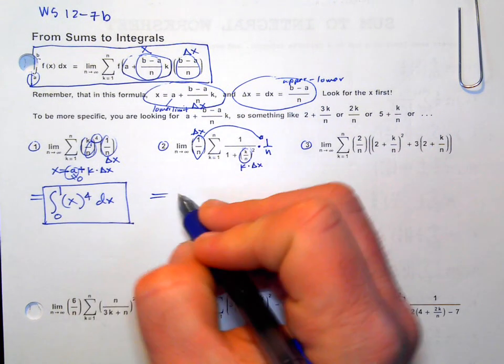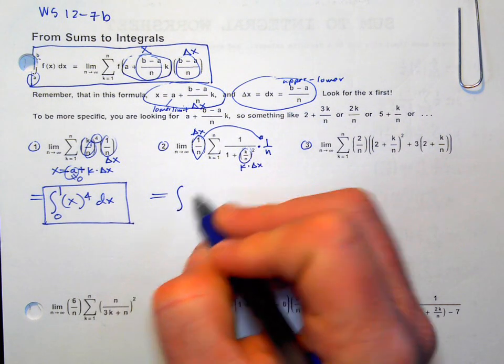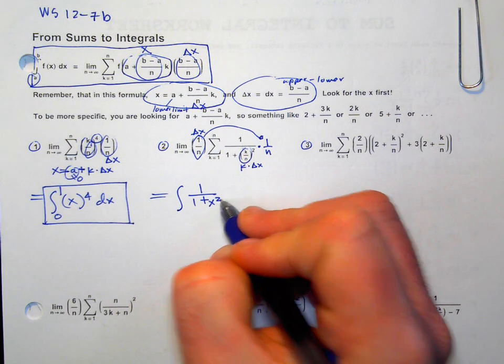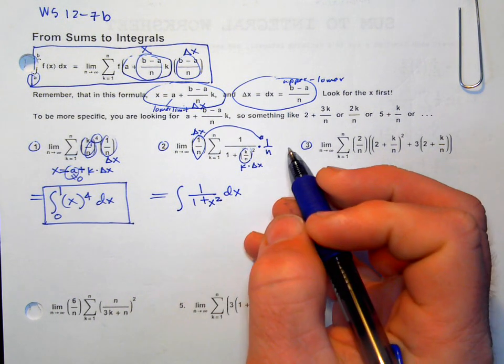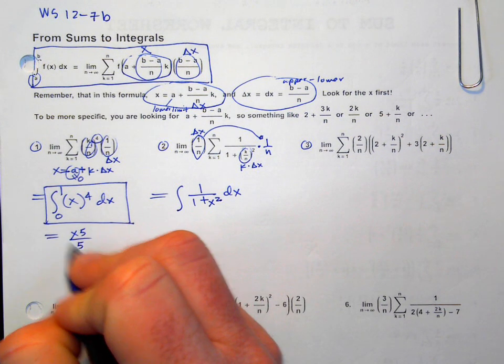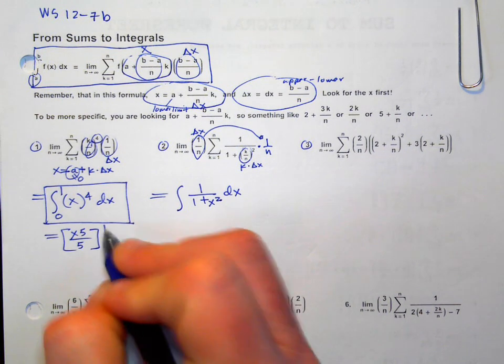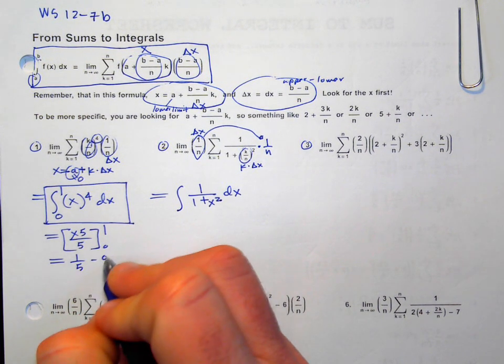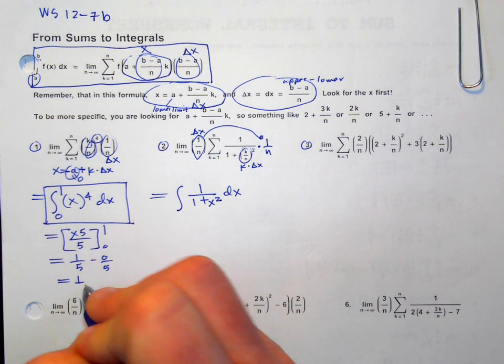So we're going to write an integral, and I think it's going to be 1 over 1 plus x squared dx. Don't forget the dx. And by the way, we could integrate the previous one: x to the 5th over 5, from 0 to 1, is 1/5 minus 0/5, which equals 1/5.